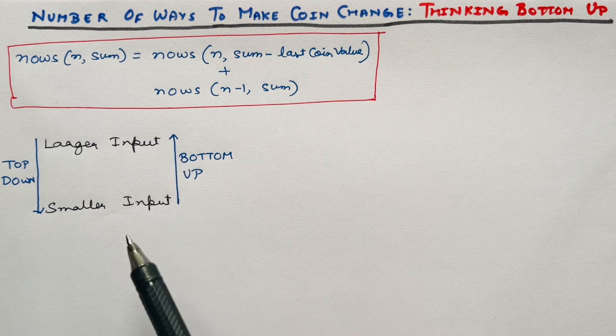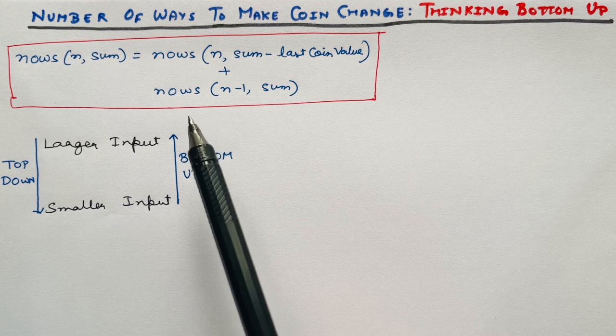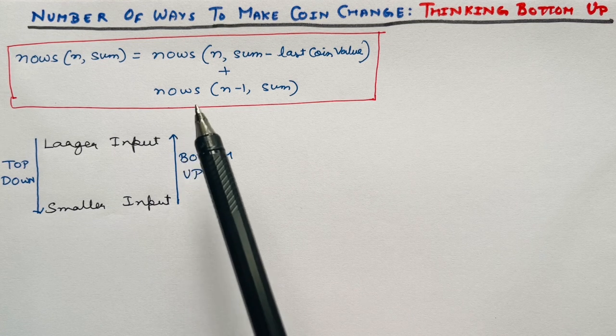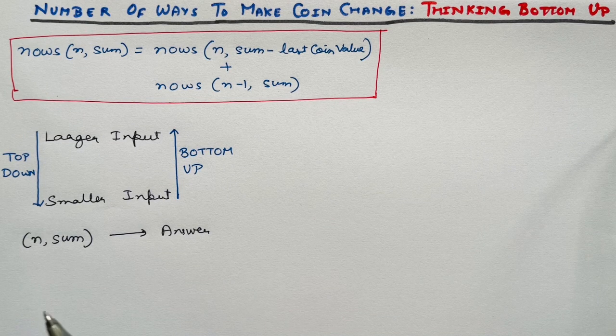Now, since we will still use this, that means we still have to store the answers to smaller problems. So we still need to store this information that for a combination of n and sum, this is our answer.